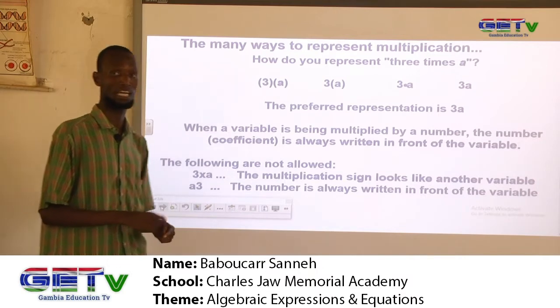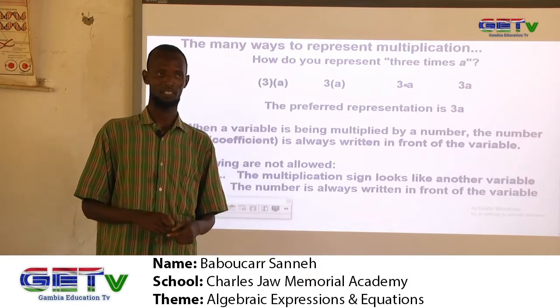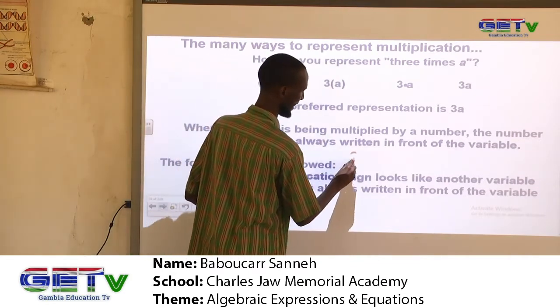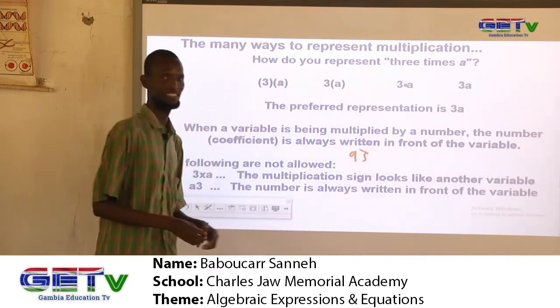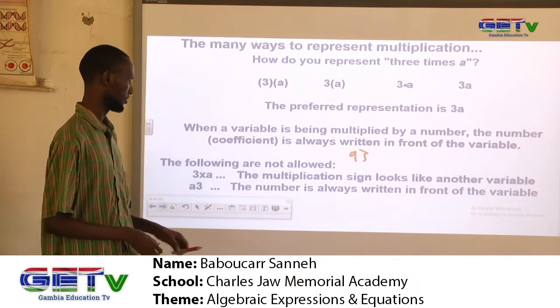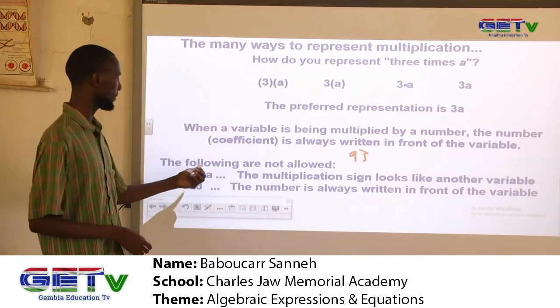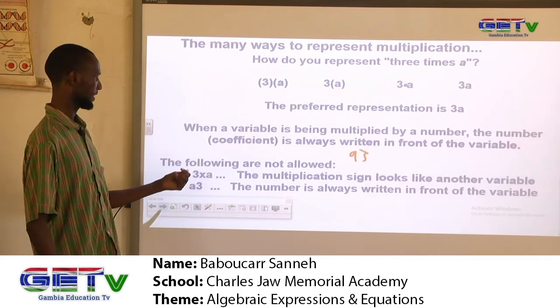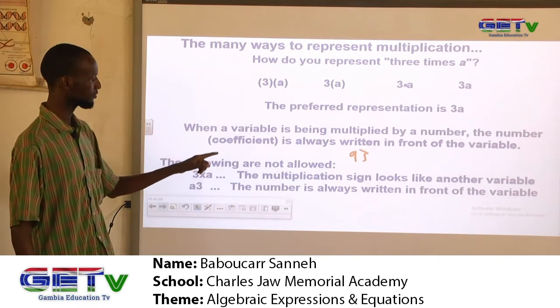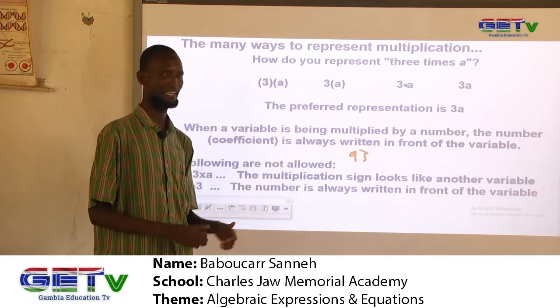of the variable. And again, we have mentioned this previously, that it is not okay to write a3, that the coefficient should come in front. So we say the following are not allowed. 3 times a, where the multiplication sign looks like another variable.